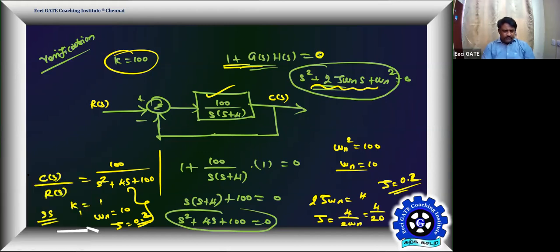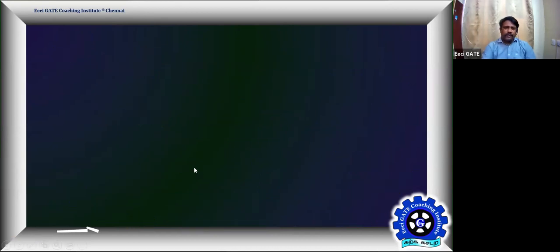Okay, so we'll apply a step input. We'll see how it is going to produce all the performances. So we're going to make our response C of t something like this, underdamped second order system step response in detail.